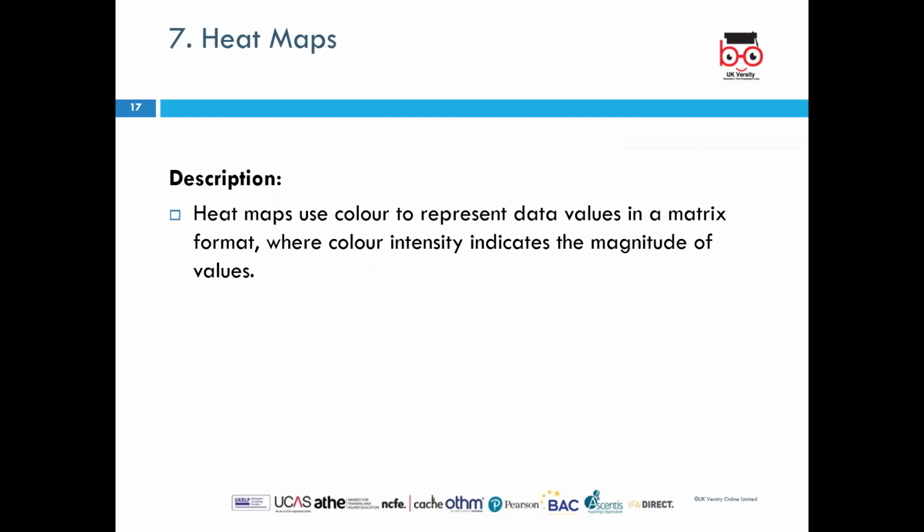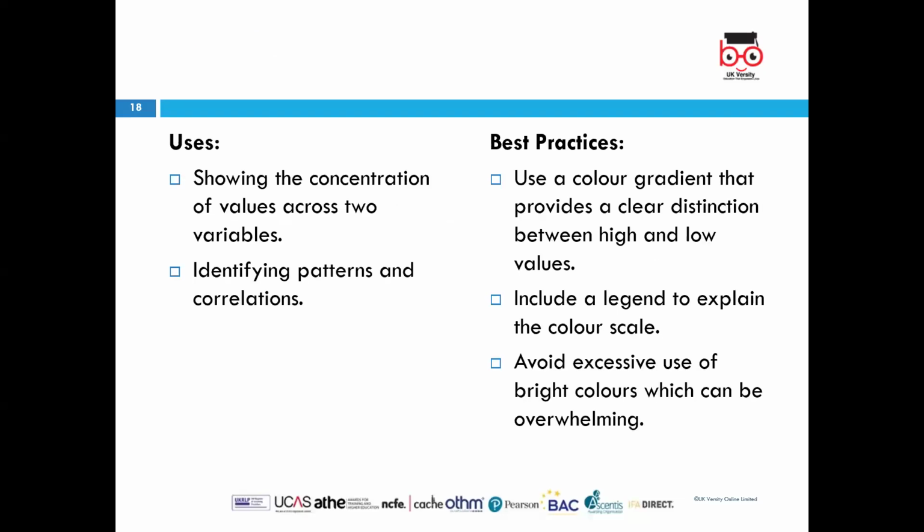Heat maps. With heat maps, we now use color to represent values in a matrix format. Background intensity will indicate the magnitude of values. The use of heat maps is going to be showing the concentration of values across two variables, identifying patterns and correlations.